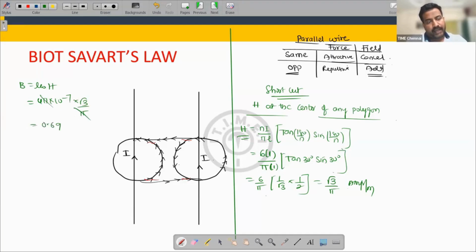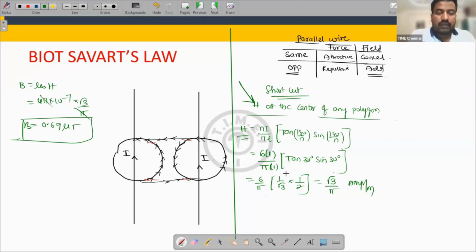This will be 0.69 microtesla again. With this formula, you can do it very fast. Just as formula substitution, we can finish it in less than a minute.